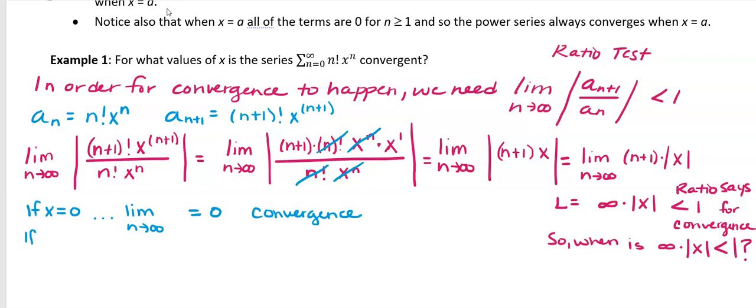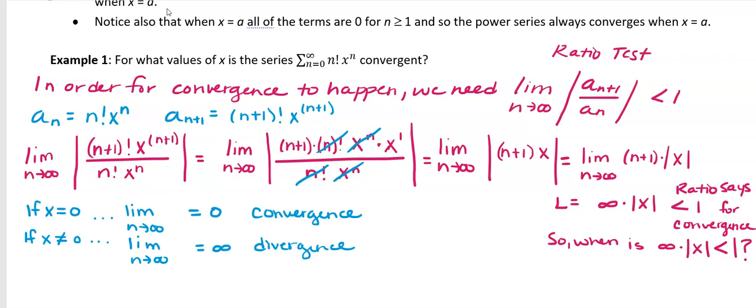However, if x did not equal 0, for example, 1, 2, pi, anything, -2, the limit as n approaches infinity would have been infinity times whatever number x was, which would have still been infinity. So we would have had divergence.